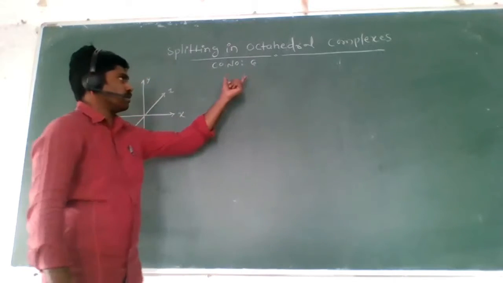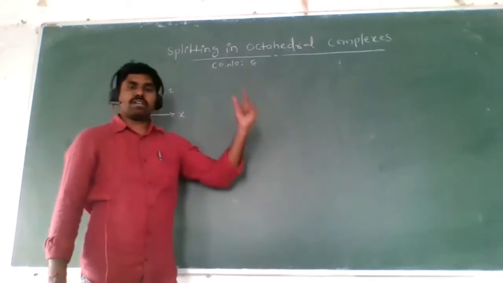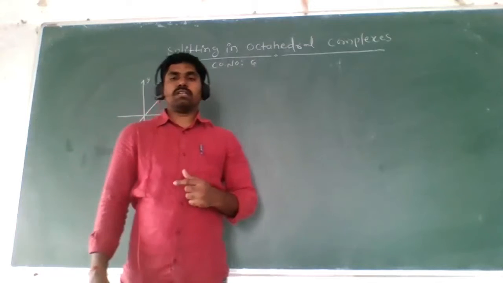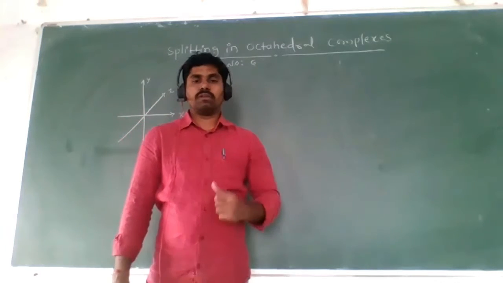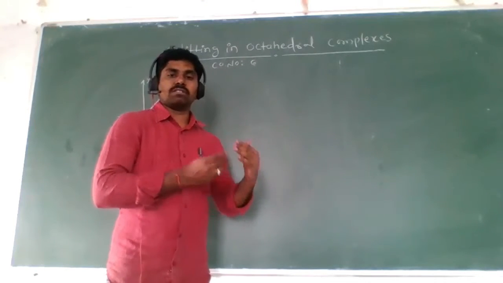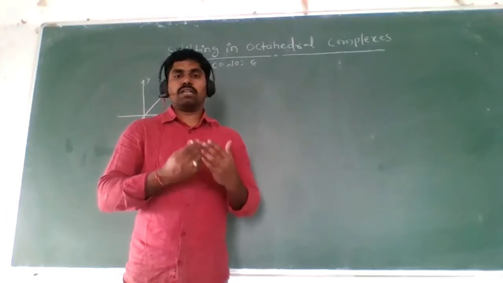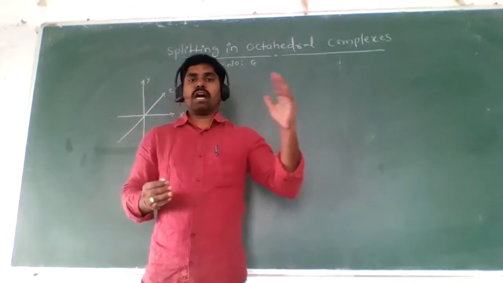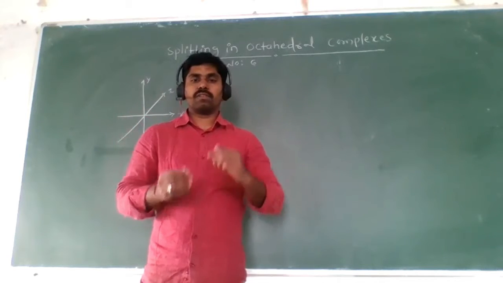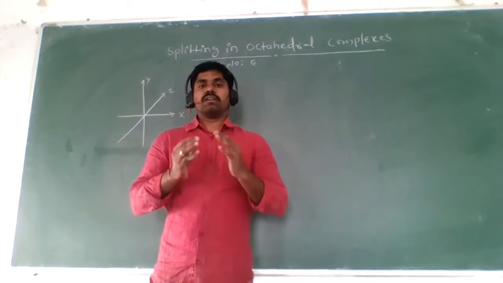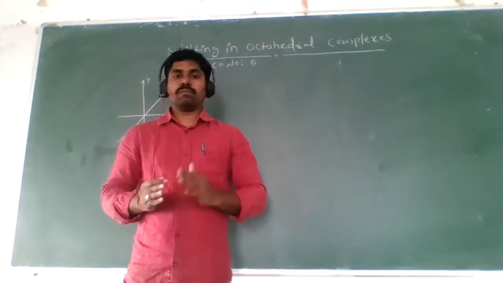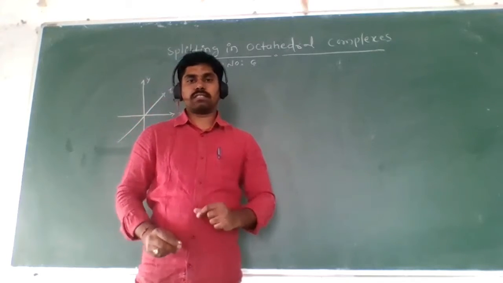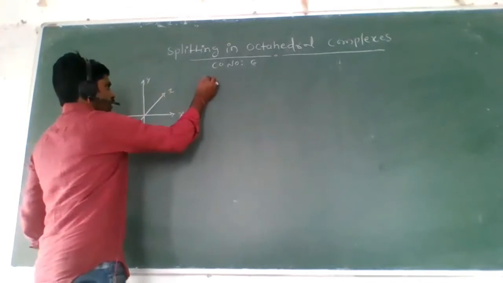Now, when those six ligands approach the central metal atom, they come along the axis. The six ligands approach the central metal atom along the axis.